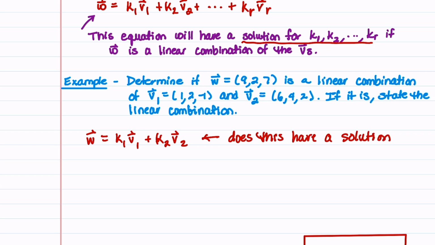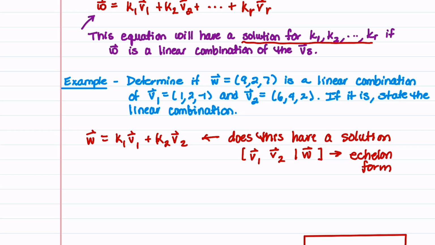We're going to take our augmented matrix v1, v2, augmented with W, and reduce it to echelon form, because echelon form is the form that tells us if we have a solution or not. So let's go ahead and do that.